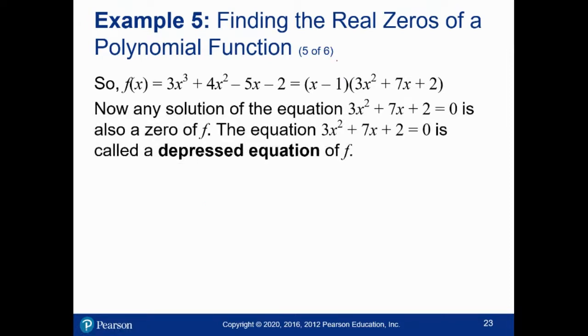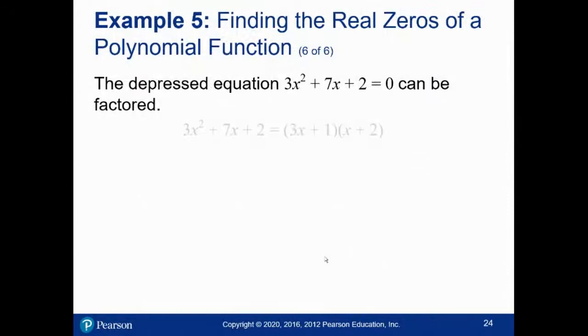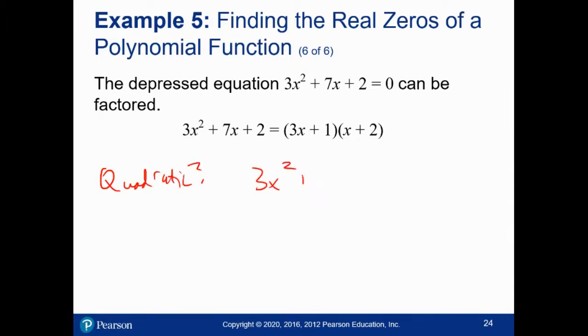And now all we have to do is factor this. Okay? But this is a quadratic equation. You can factor it by inspection if you happen to be really good at it. Also, because it's a quadratic, you can use the quadratic formula. So we want to solve where 3x squared plus 7x plus 2 is equal to 0.